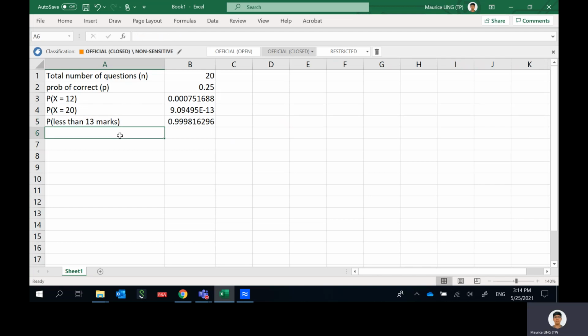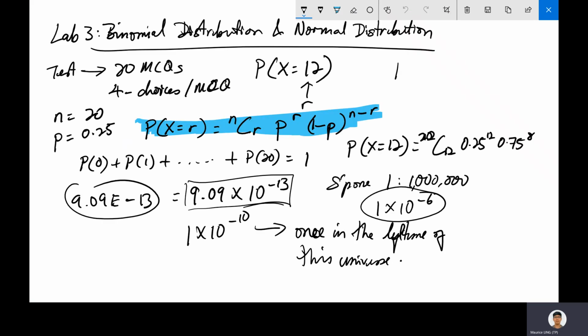So it's actually very high, because it's up to 12, inclusive of 12. What you are supposed to write is P(X) less than or equal to 12. So it's actually less than 13.